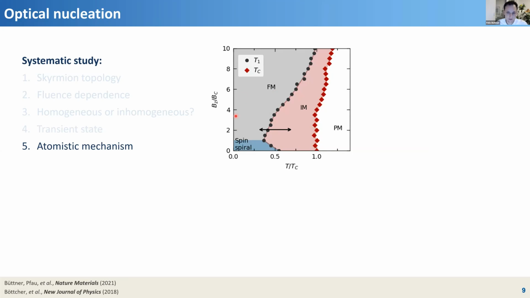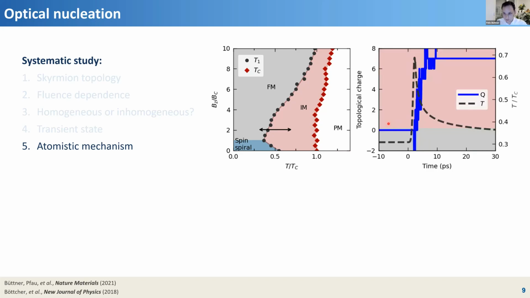This is temperature, this is magnetic field here. At high temperatures above TC, you have the paramagnetic phase. And in between, you have a disordered skyrmion phase. These are static simulations, so no information about the time correlations of these skyrmions, but they already predicted that the spatial arrangement of these skyrmions is very inhomogeneous and random.